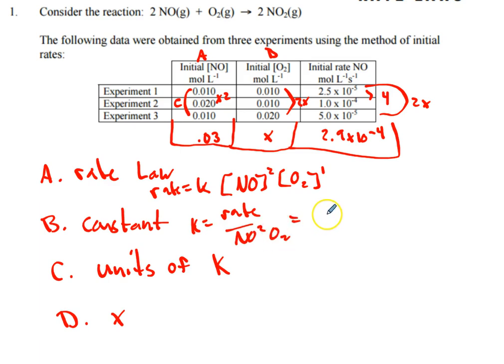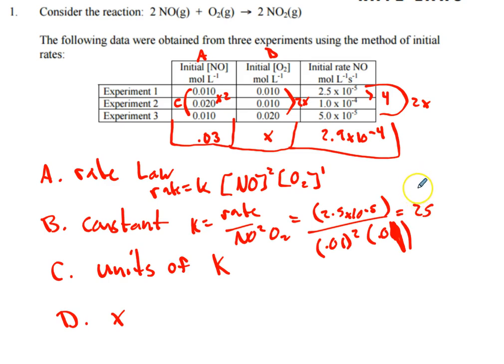Let's plug that in. 2.5 times 10 to the negative fifth. NO squared. So NO in this one was 0.01, squared, and 0.01 here, correct? That's a 1. And you're going to get something that's a 25.